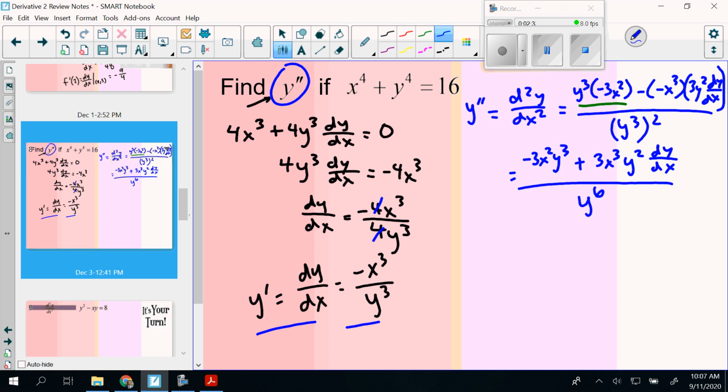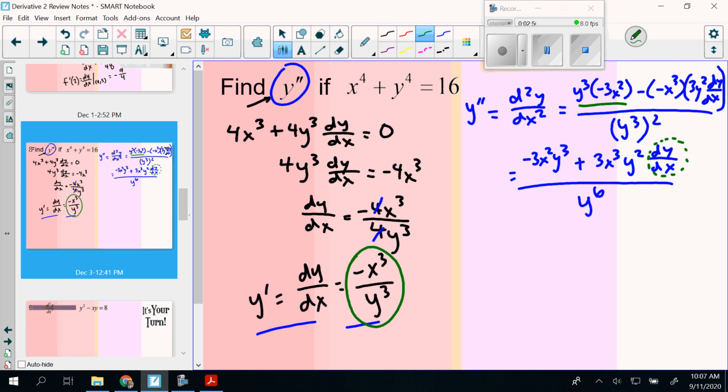So that's our second derivative, but most times what they're going to ask you on these is to write your second derivative just in terms of x and y, meaning we don't want our first derivative being part of our second derivative. So what you do to remedy that, or to get rid of that, is we know what the first derivative is.